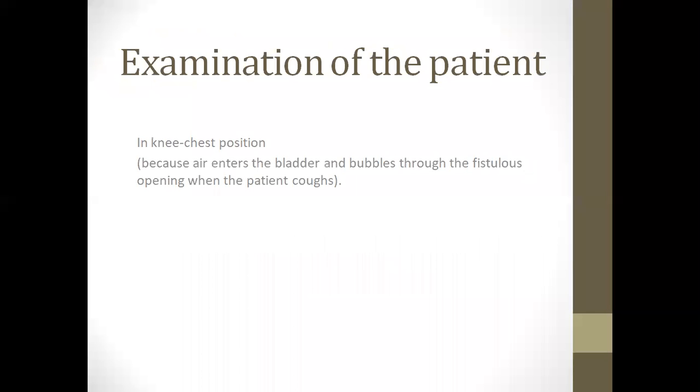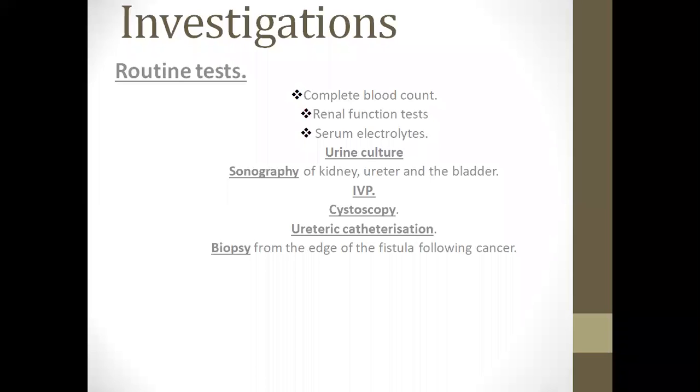Examine the patient in Nature's position, that is the Sims position, because air enters the bladder and bubbles through the fistula opening when the patient coughs. Whenever there is a small fistula, we can make it out by seeing a bubble at the fistula opening and asking the patient to cough.